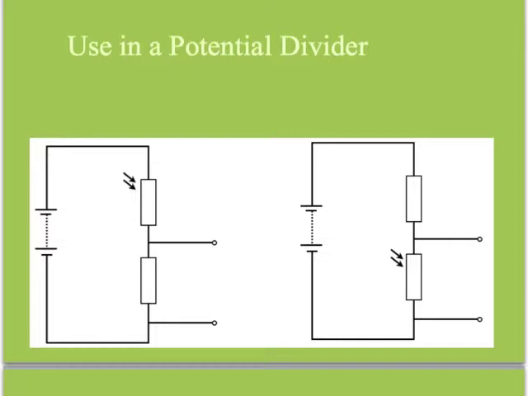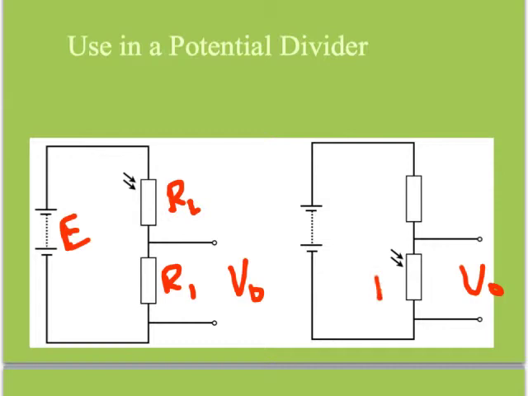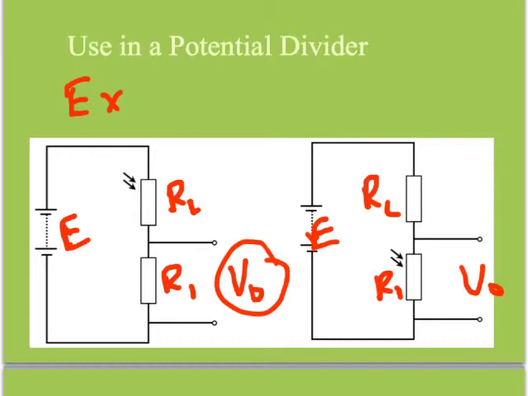So if we had EMF, a resistor, and we'll call it L, and a resistor 1, and an output voltage. Then the same thing, the ratio of these two will determine the output voltage. Remember, it's EMF multiplied by your ratio, and that will give you your output voltage.